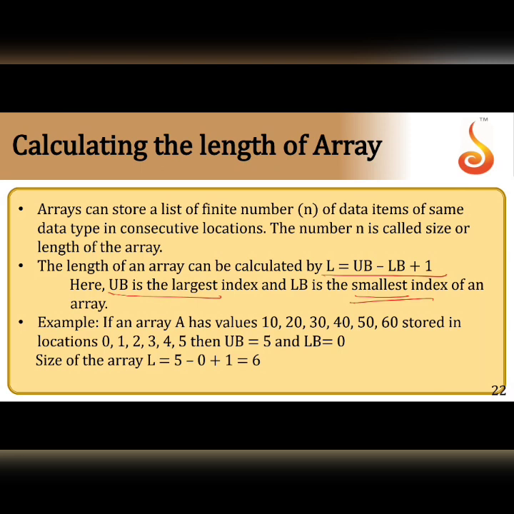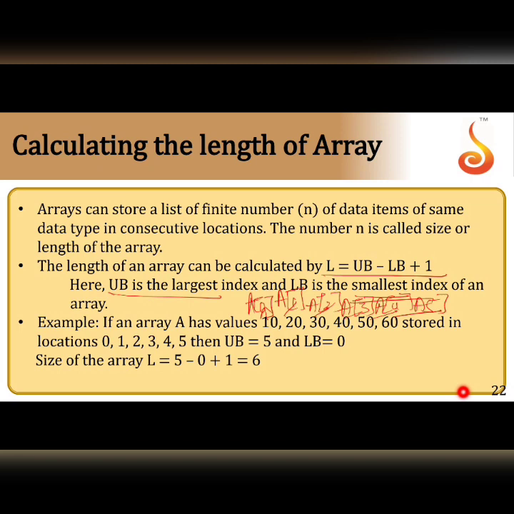For example, I have an array A. So what will be the index value of 10? Index value is 0. So A of 0, A of 1, A of 2, A of 3, A of 4 and A of 5. So 60 is in A of 5, 50 is in A of 4, 40 in A of 3, 30 in A of 2 and 20 in A of 1, and 10 is stored at the location A of 0.